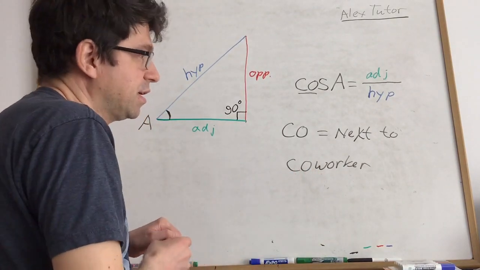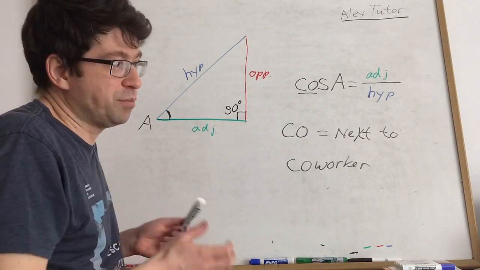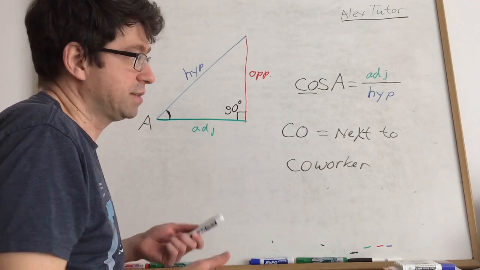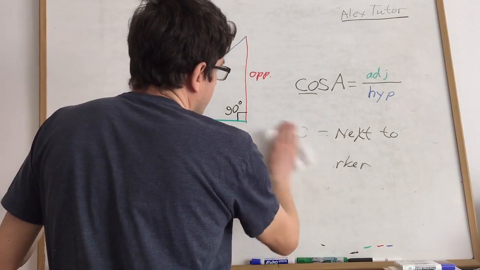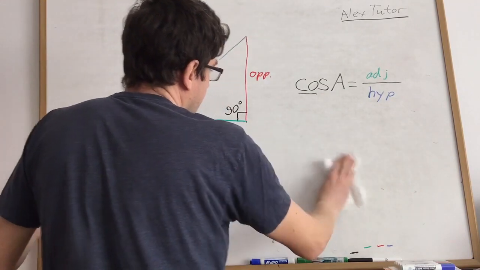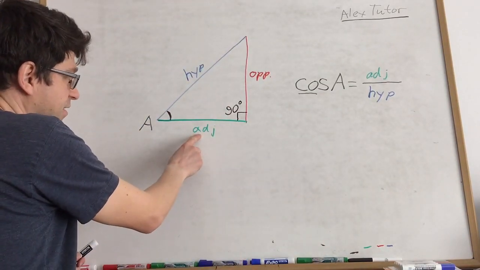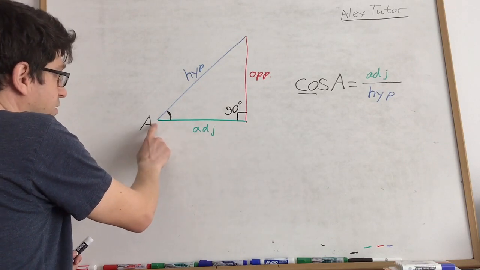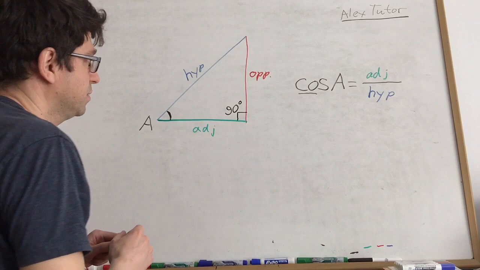The same as cohabitation, someone who lives next to you. Or cooperation, someone who operates next to you. So co means next to. So that's how you can remember. So this adjacent side is next to angle A, divided by hypotenuse.